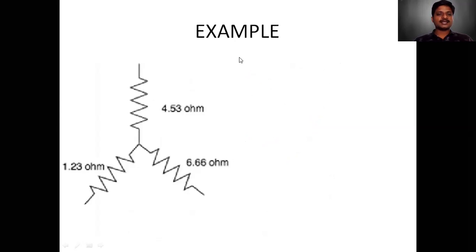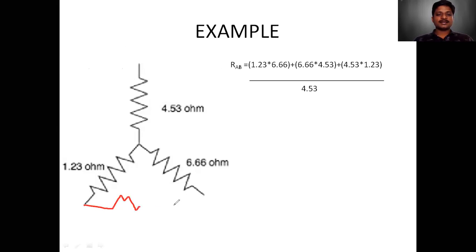Let us take an example. In this example, a star connection is given. We have to convert this star into a delta. Following the same formulas, you have to assume that, let us take this as a resistor and you have to find this resistance value.